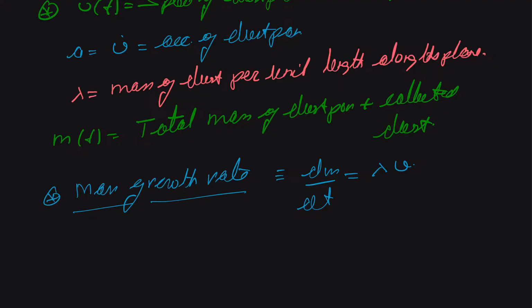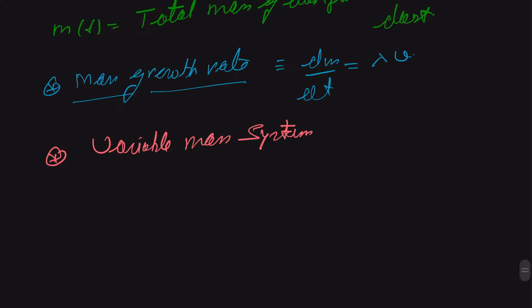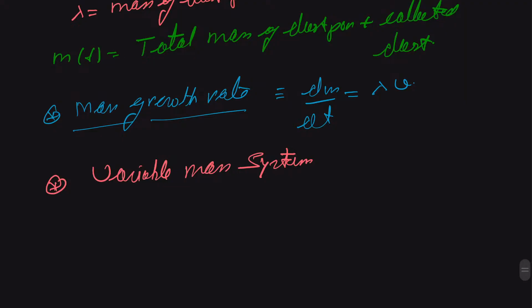This is also, like I said, a variable mass system, and here the variable mass will be the dustpan mass. Sorry, not pen but dust mass. For a variable mass system, we know the basic equation of momentum: momentum is equal to mass into velocity.